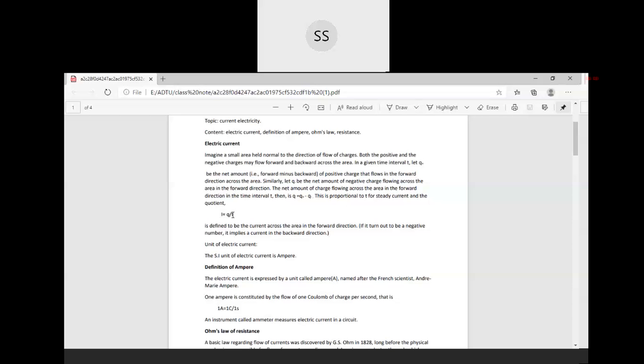Please write down this line, because here it is not written: if q amount of charge flows through an electric circuit in time t, then the amount of current produced in that circuit is I equal to q by t.